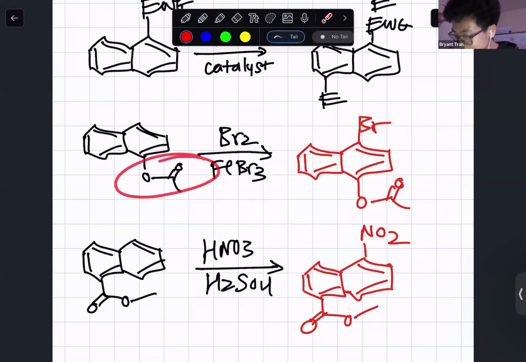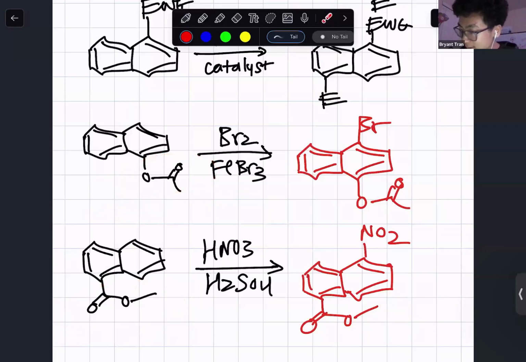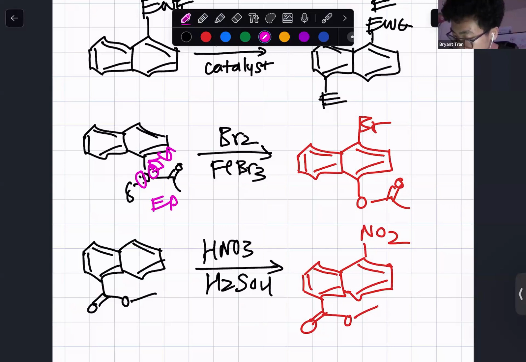Now, here's a tricky thing. A lot of people see these esters here and they get confused about the differences between them, like how to tell if it's an EDG versus an EWG. To tell that, look at the very first atom coming off of the system. The very first atom coming off of the system of this first reactant here is the oxygen, which is partial negative, and it has pairs of electrons that it can use to directly donate electrons into the system, making that an EDG.